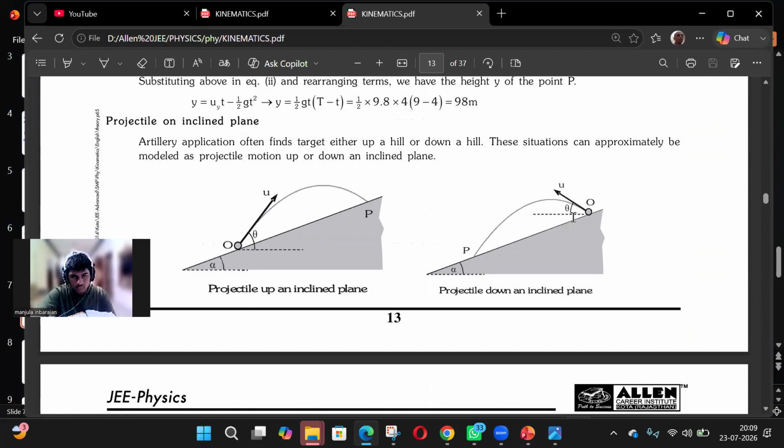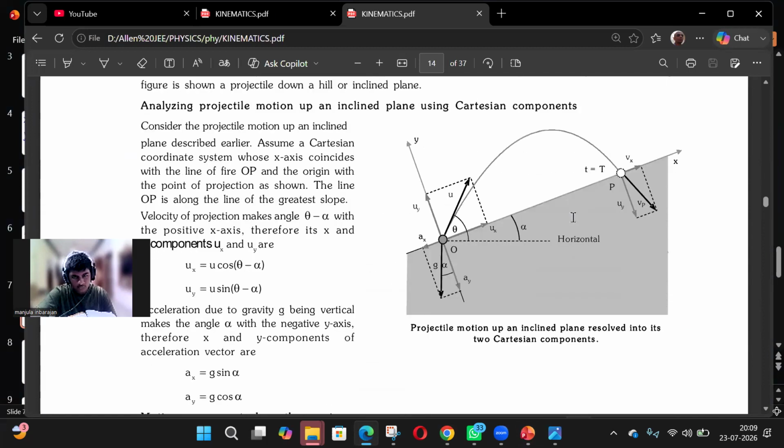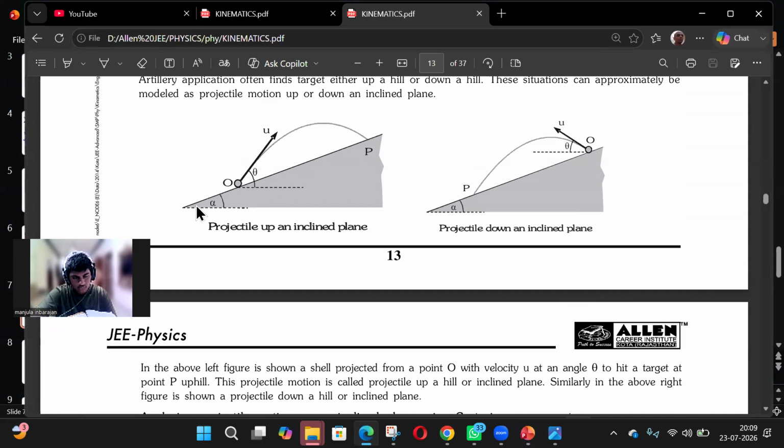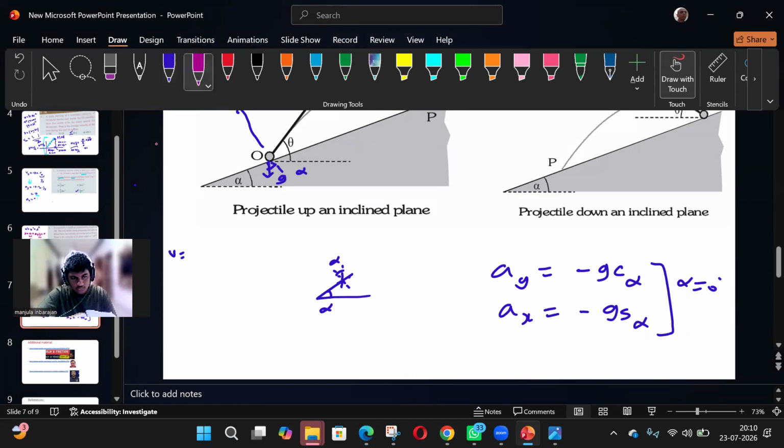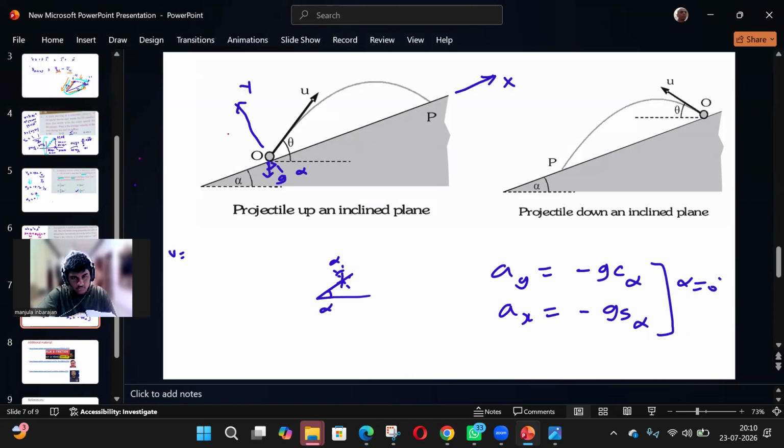Here, what is theta? Theta is with the horizontal, no? So with the horizontal it is theta. So along the plane, the angle is theta minus alpha. You split along the x and y axis, no? So with the x axis, u is making an angle theta minus alpha. This angle is theta minus alpha because theta is measured from the horizontal, and the inclination of the plane is alpha.